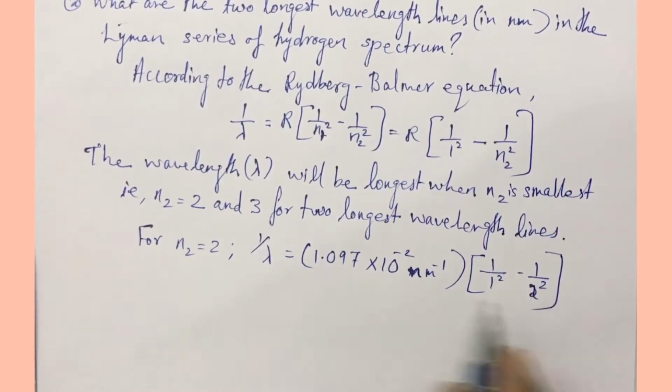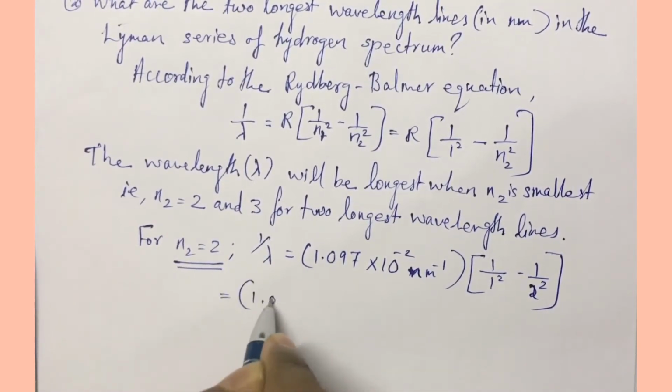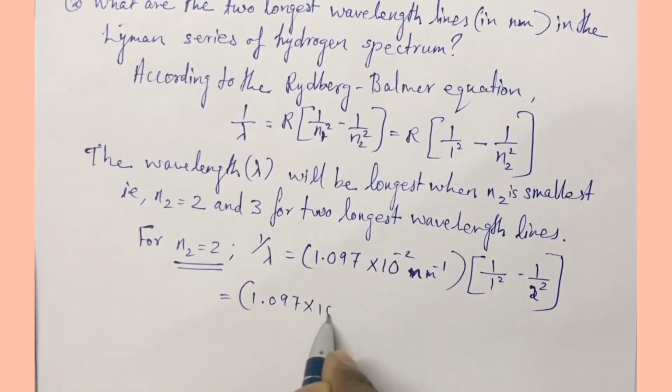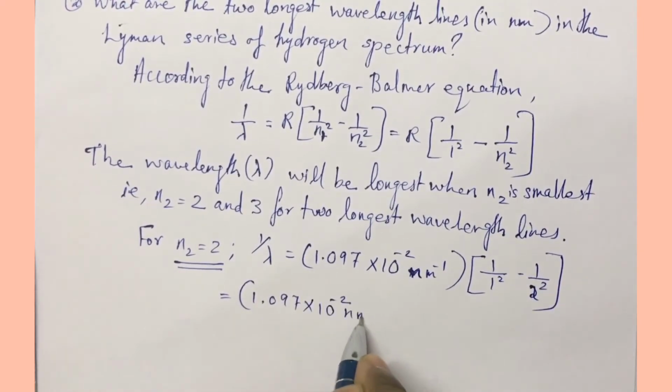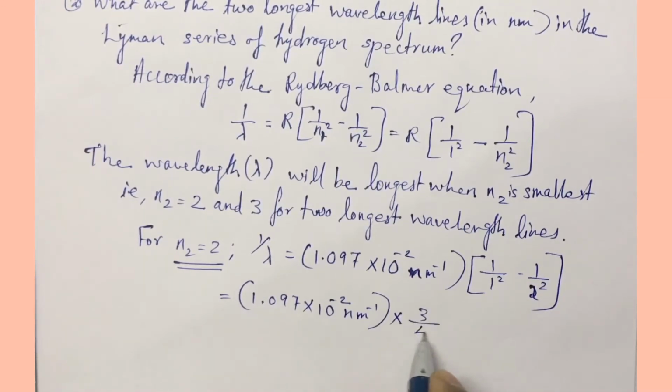Here I am taking n2 is equal to 2. So that is equal to 1.097 into 10 raised to minus 2 nm inverse into, 1 square is 1, 2 square is 4, so we get 3 by 4.